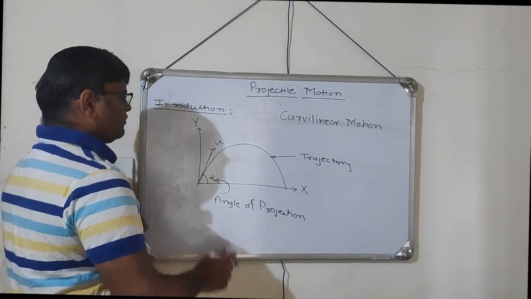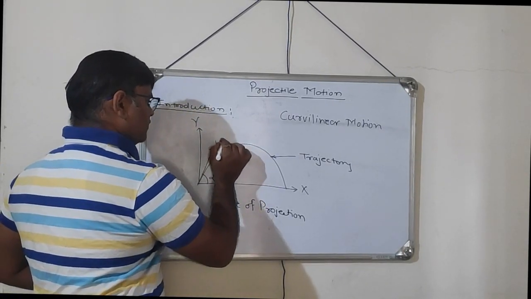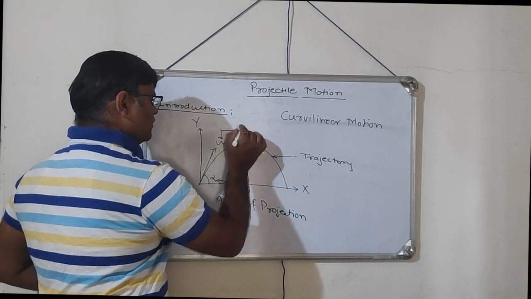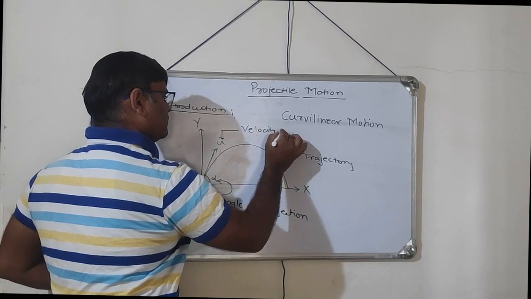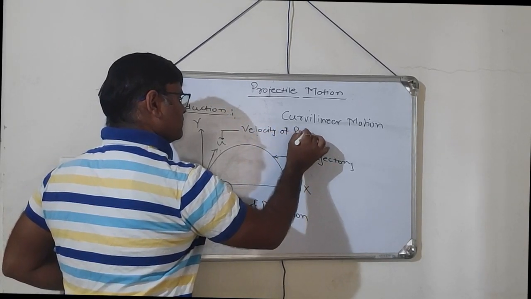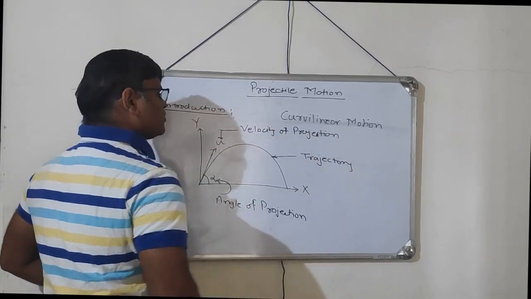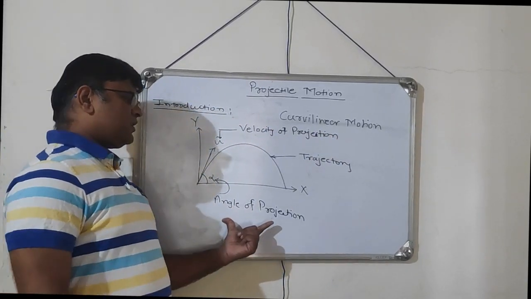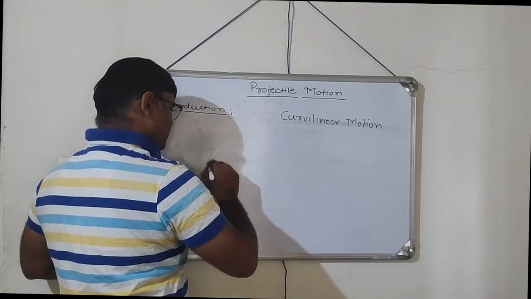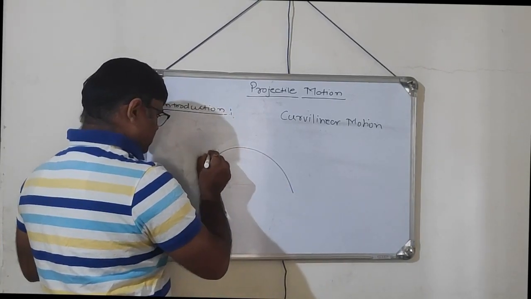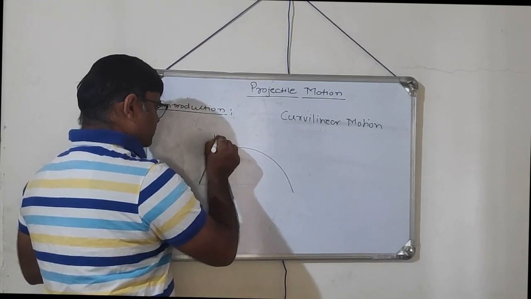And the velocity with which we project the particle is called the velocity of projection. These are the basic terms we follow in projectile motion. As I told you, it follows a curvilinear path. This is the tangent, so velocity u.